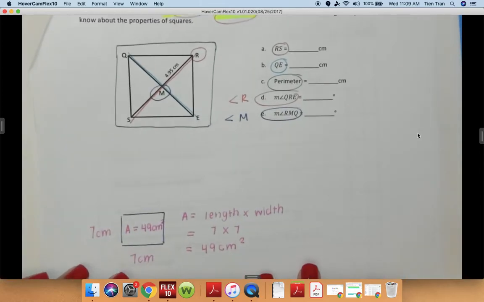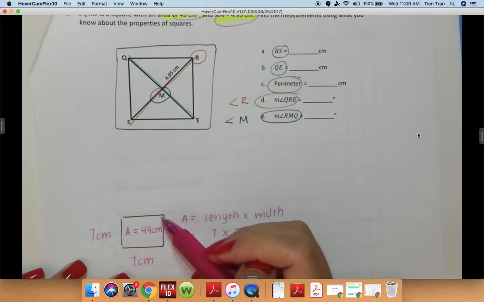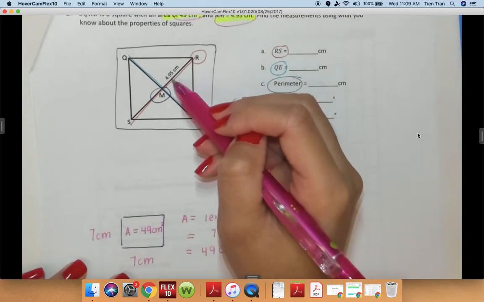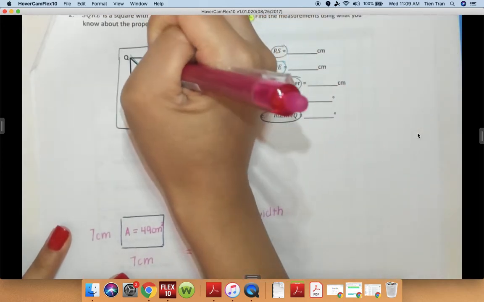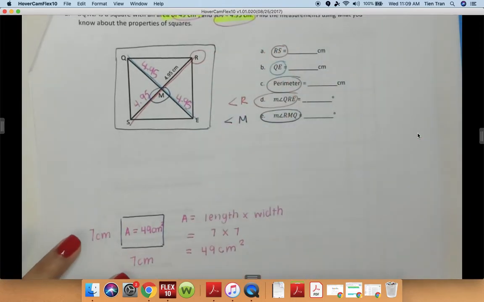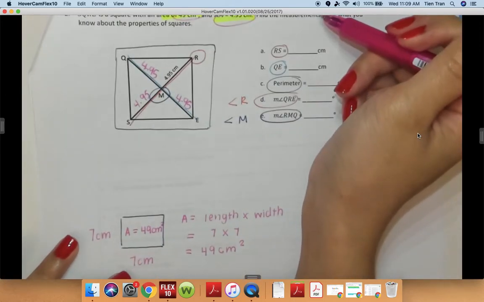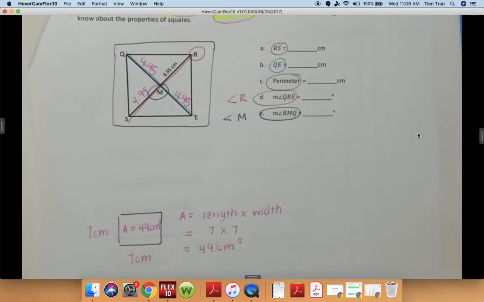I know that a square has all equal sides. So that means that 4.95, this side is also 4.95. This side is also 4.95. This side is also 4.95.